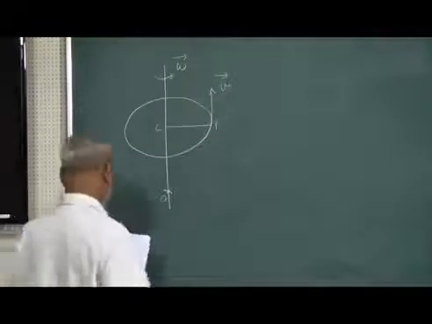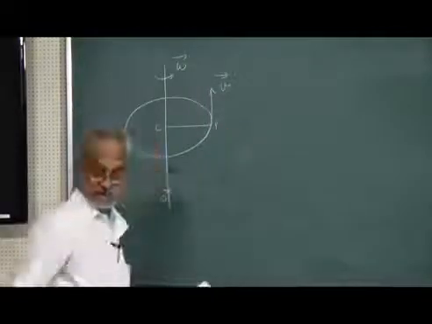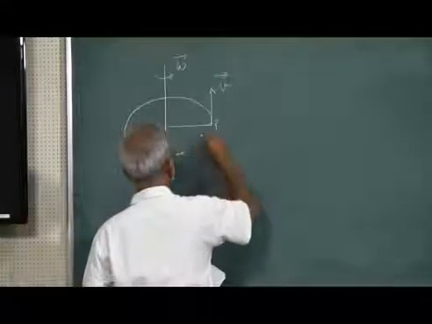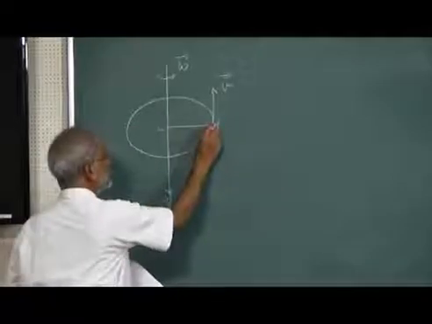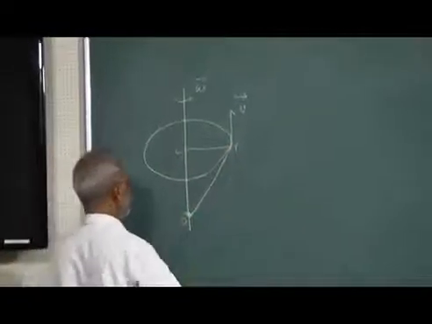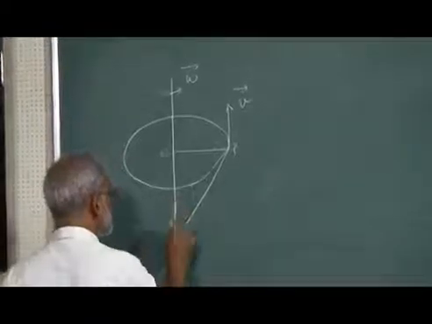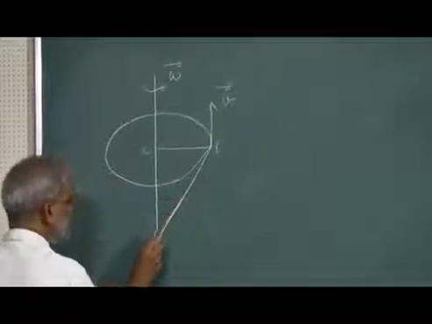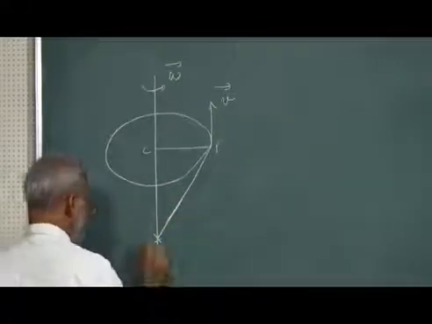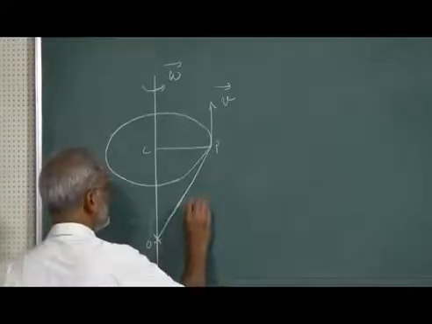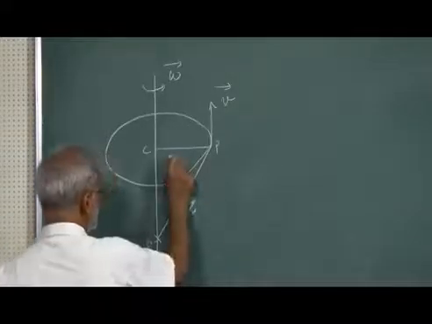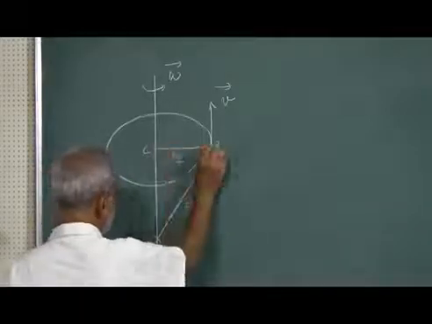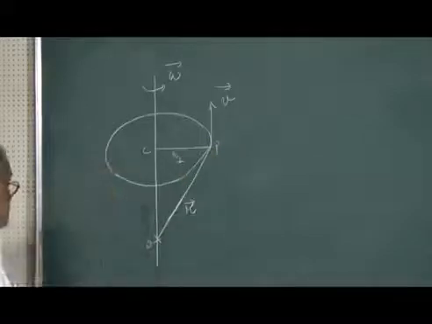Right. So this is the origin, this is the position vector r, and this is what is generally known as r perpendicular. This is also a vector, from here to here it is a vector, I am just denoting the magnitude, right.